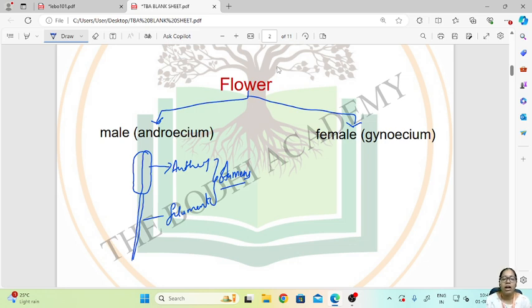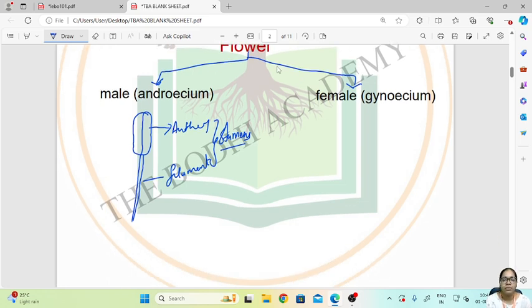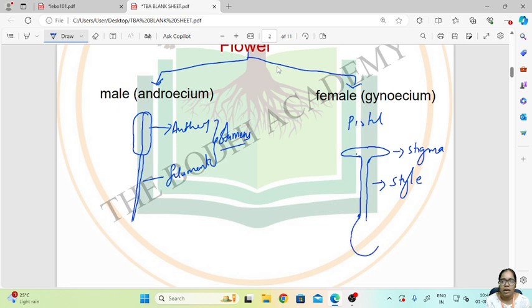Now we will see how the female reproductive part is. The female reproductive part is called the pistil, and the structure is: this is the stigma, then comes the style, and the bulging part called the ovary.